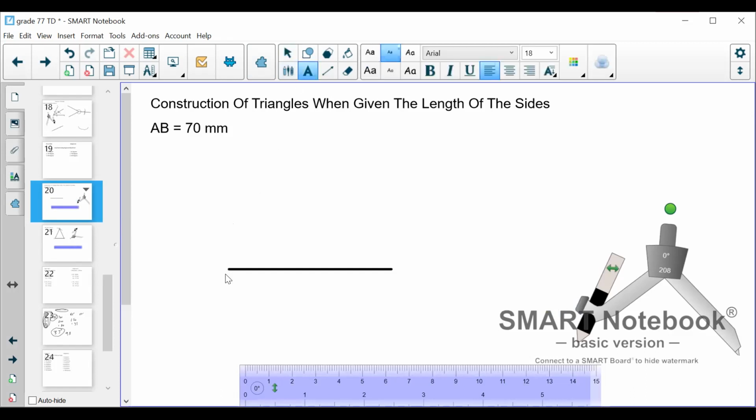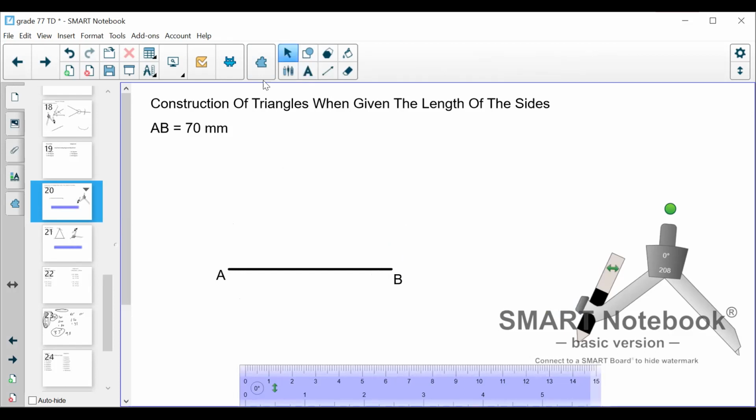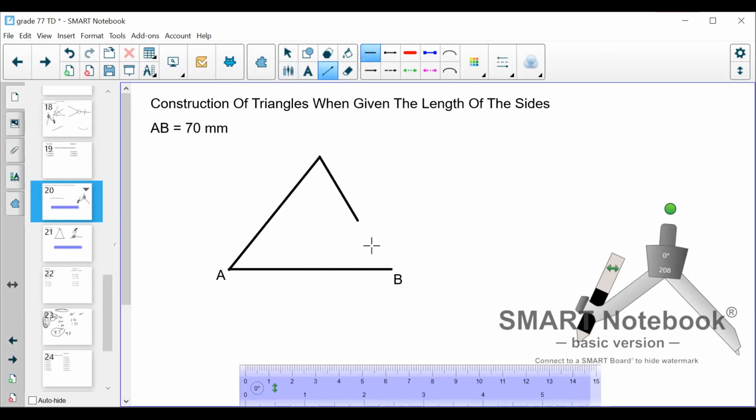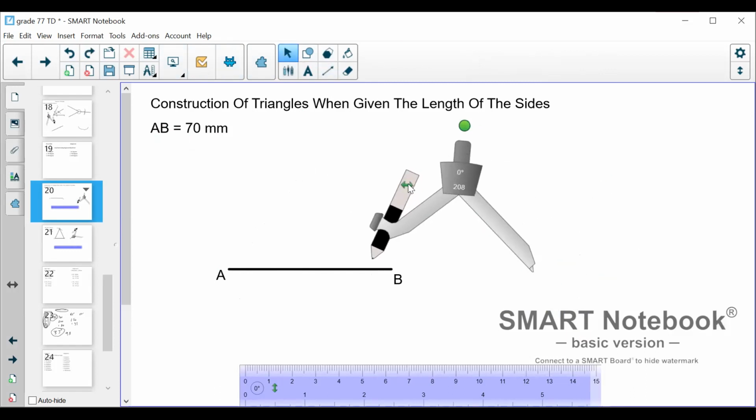Now, we must remember that we have to label. So you label your line AB, which is 70 mm. Now, in order to get the other 2 lines, one going up here and the next one coming here, we need to find the point C, because the triangle is labeled A, B, C. In finding C, we need to use the pair of compasses.